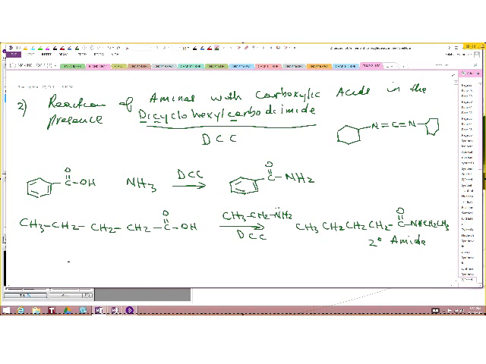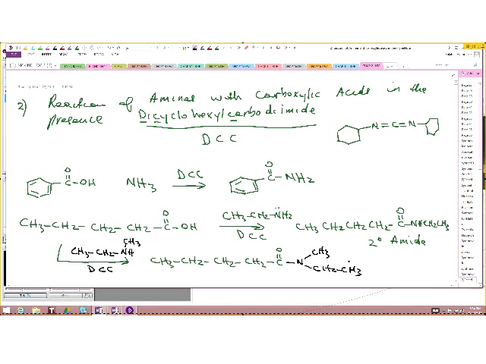You could also make a tertiary amide. Use the same acid, but this time take a secondary amine to start with, with DCC. So those are the two methods for making amides.